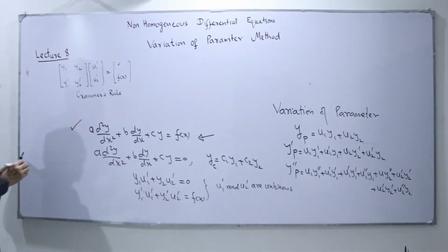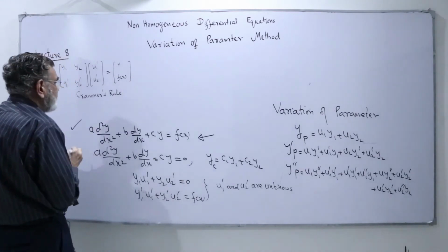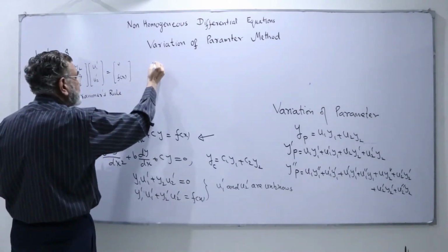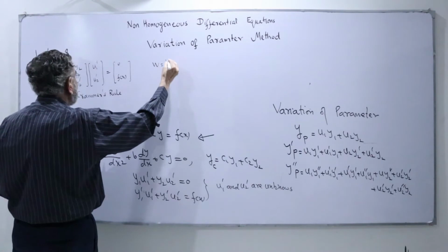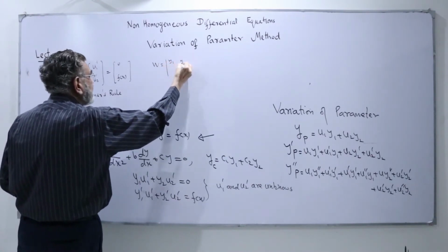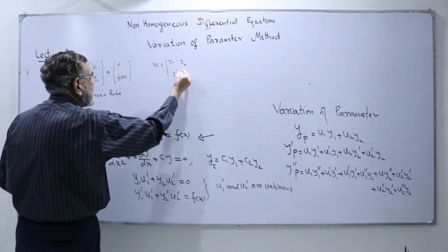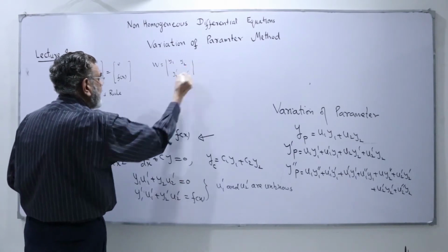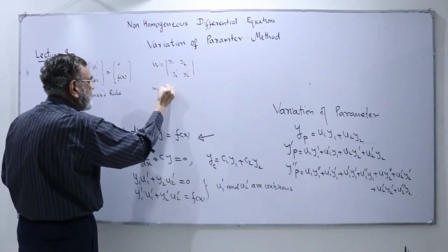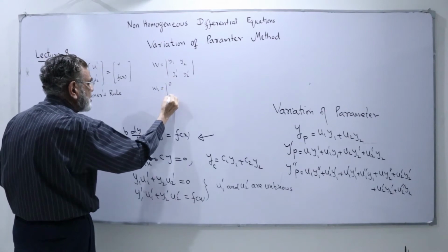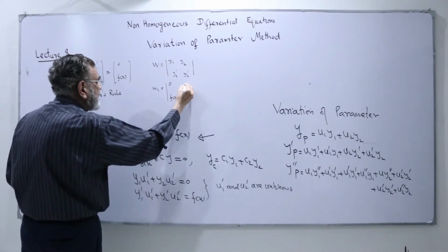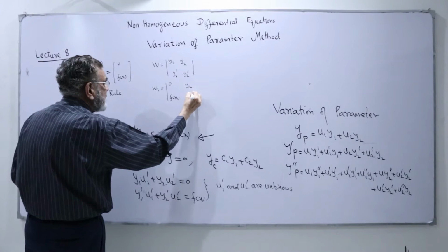In Cramer's rule, to find u1 dash we need three determinants. First is W, the Wronskian, the determinant y1 y2, y1 dash y2 dash. Then W1, replacing the first column by the right-hand side 0, f of x, and then I have y2 dash.